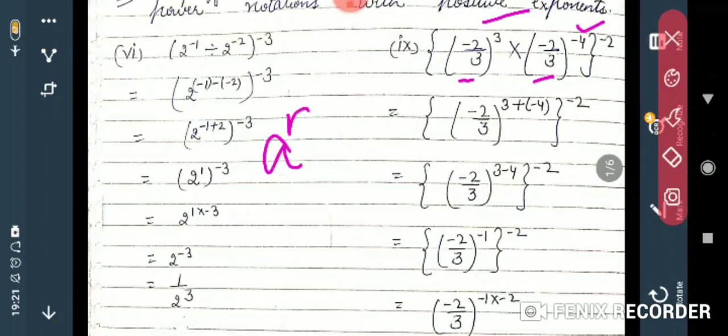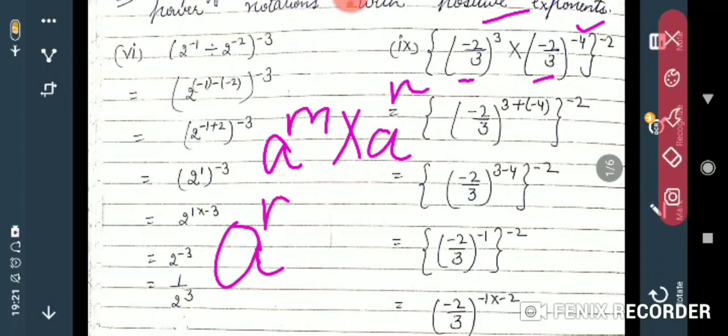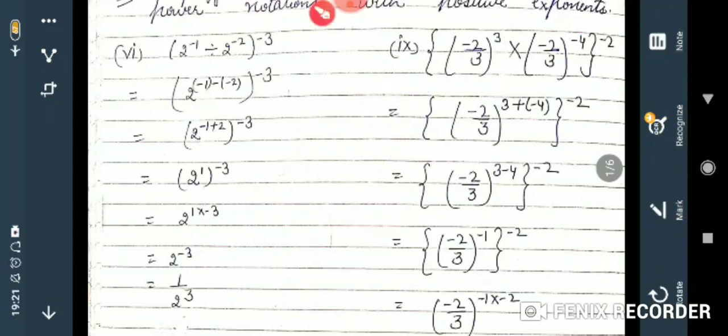For example, a to the power m multiply a to the power n becomes a to the power m plus n. In multiplication, the powers are added. So, as the base is same, we will write minus 2 by 3.